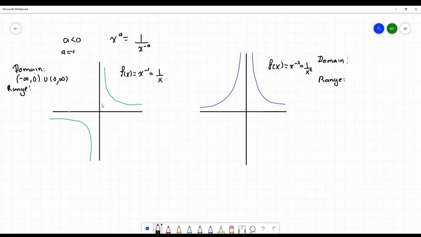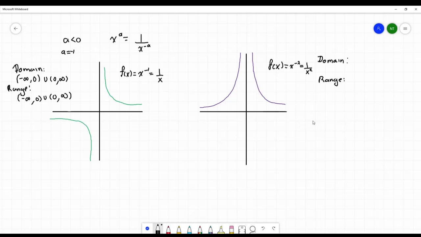Well, because if it's 0, we have 0 in the denominator, and this is not allowed. It's an undefined form, right? So we cannot have 0 in the denominator, and for that reason, the domain is -infinity to 0, union 0 to infinity. And the range is also the same as the domain in this case. It's -infinity to 0, union 0 to infinity, okay? So that's the case when a is less than 0 and a is odd.